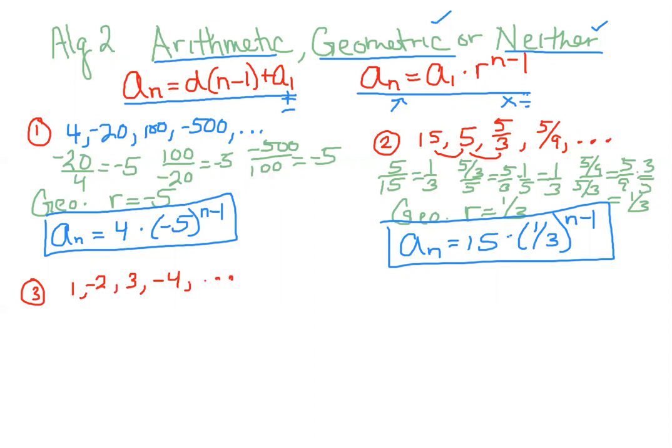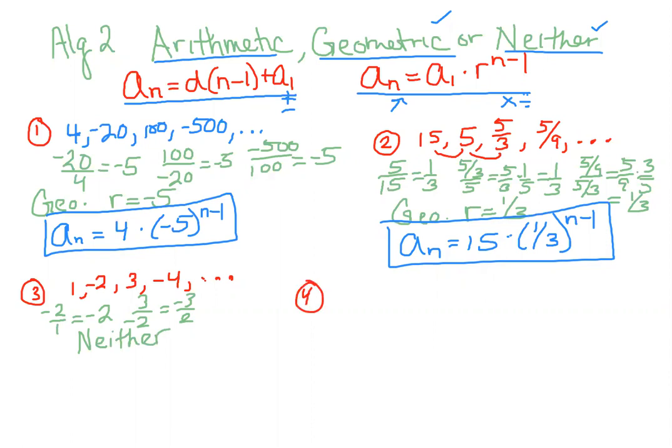All right, well, it's going back and forth between positive and negative, so it can't be arithmetic. So we'll check to see if it's geometric. We'll take -2 divided by 1, that is -2. 3 divided by -2 equals -3/2. It is not geometric, and it's not arithmetic, so it's neither.